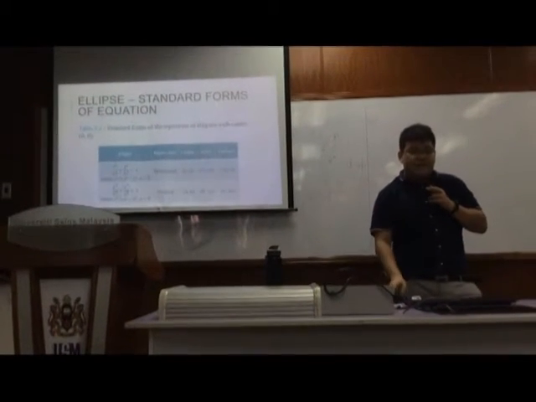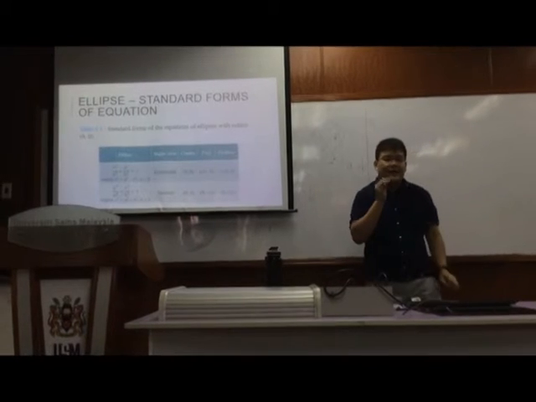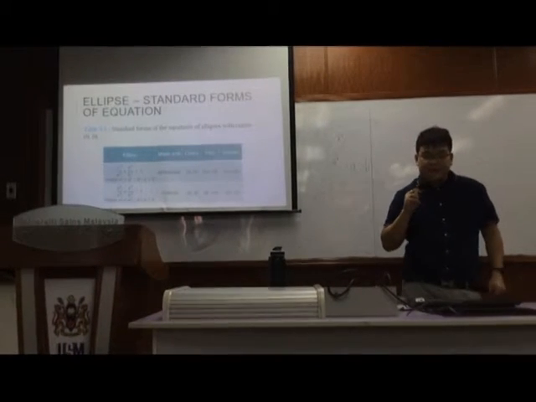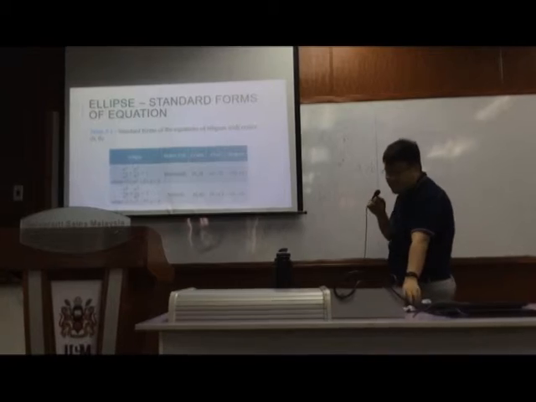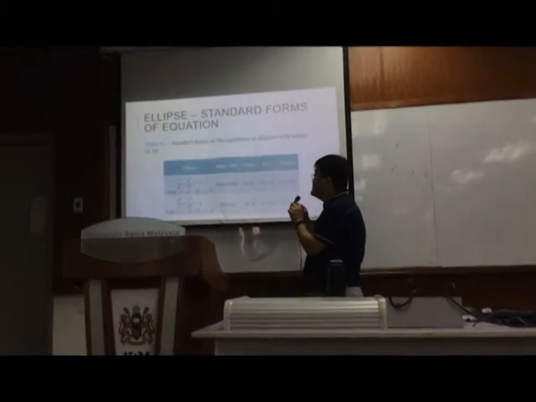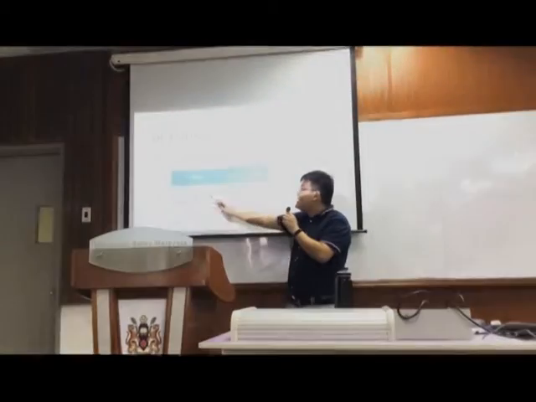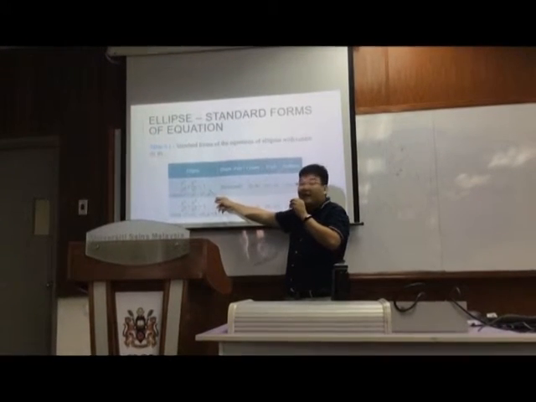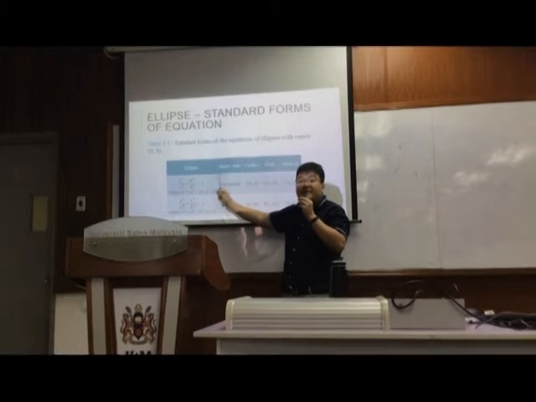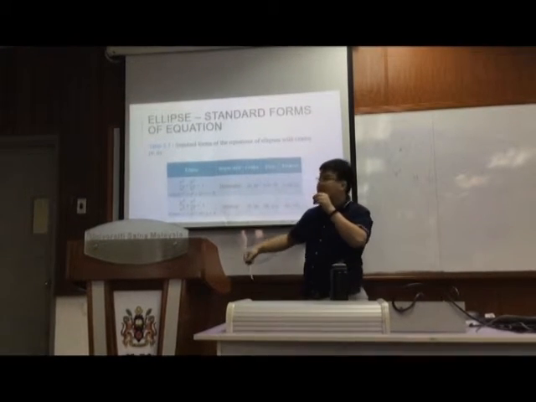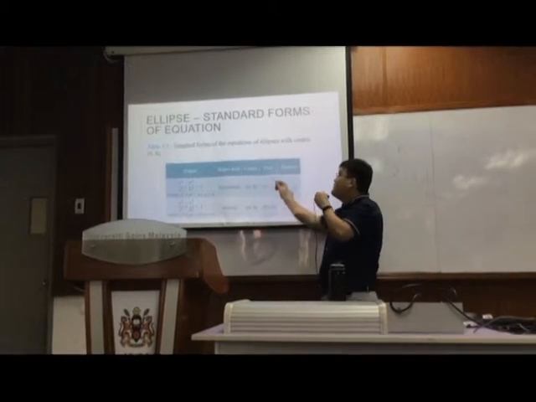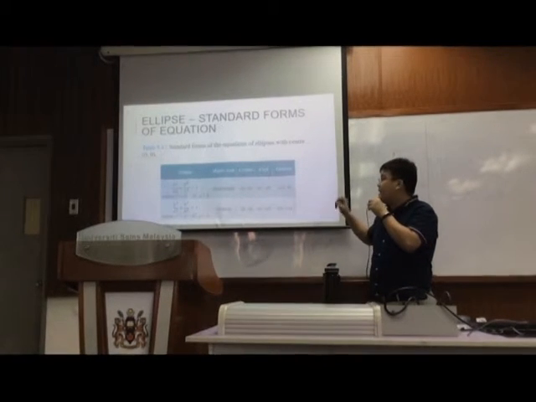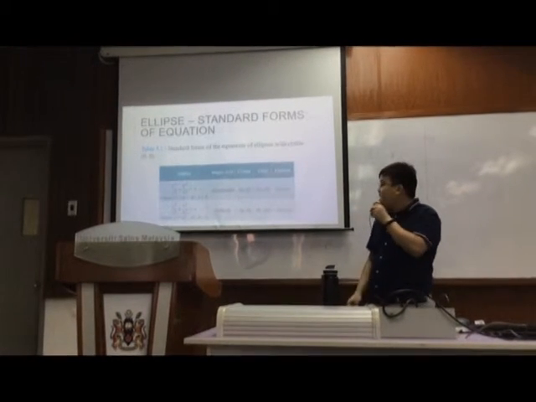Okay, so this is the standard form of the equation having center 0, 0. Review the first one first. The major axis which is horizontal has the equation x squared over a squared plus y squared over b squared equals 1, where c squared equals a squared minus b squared and a is bigger than b. So center 0, 0, foci plus minus c, 0, vertices plus minus a, 0.